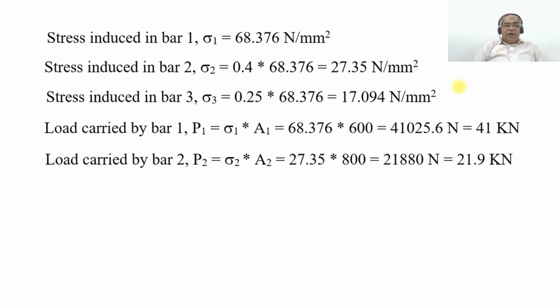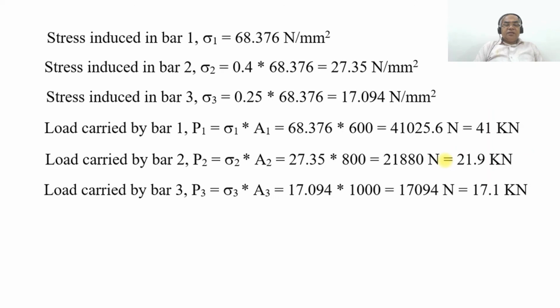Similarly, load carried by bar 2, which is P2, is equal to sigma 2 into A2. Substitute the value of sigma 2 as 27.35 into the area of cross section of bar 2, which is 800. On simplification, you are going to get 21,880 Newton, which is equal to 21.9 kilonewton.